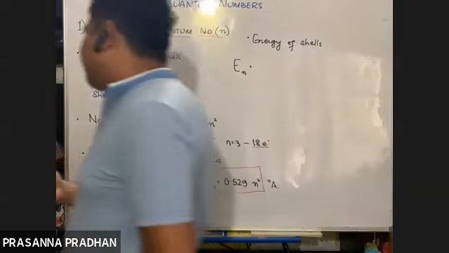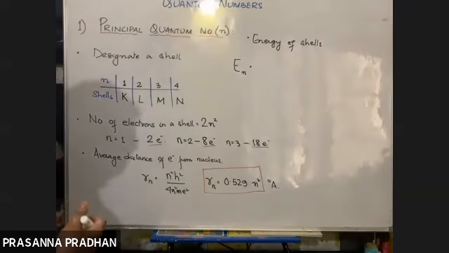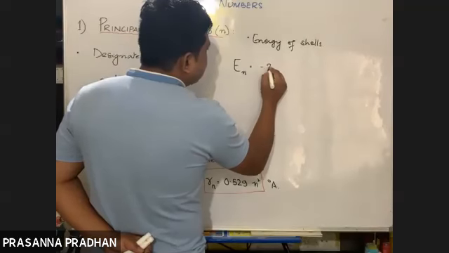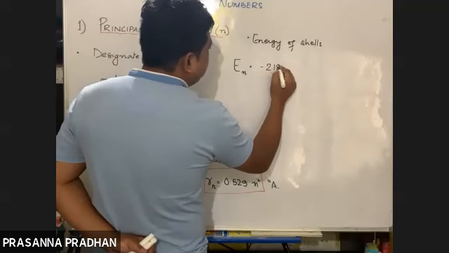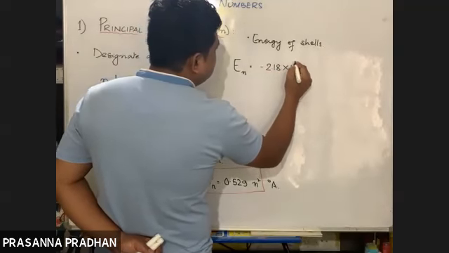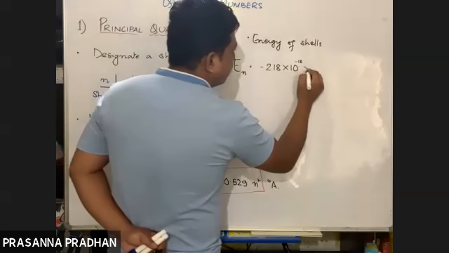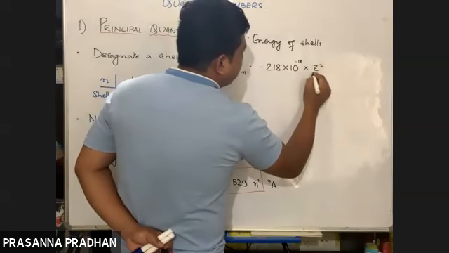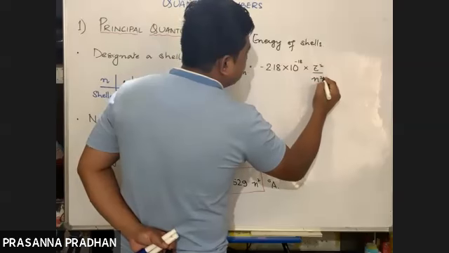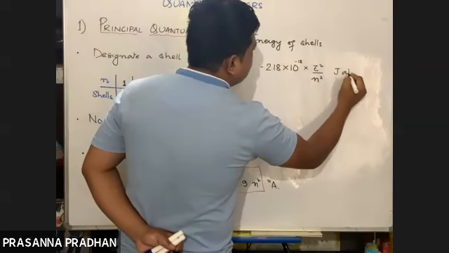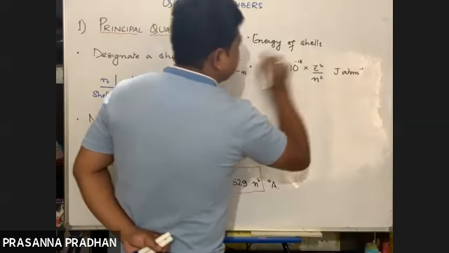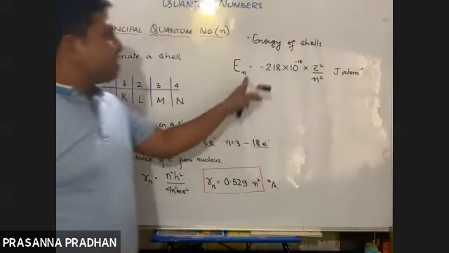And 1 by lambda equals 1 by n2 minus 1 by n1 was the formula for calculating the wavelength. So the formula for calculating the energy was minus 2.18 into 10 to the power minus 18 into Z square by n square. What was the unit? Joule per atom. In joule per atom, this was the formula.